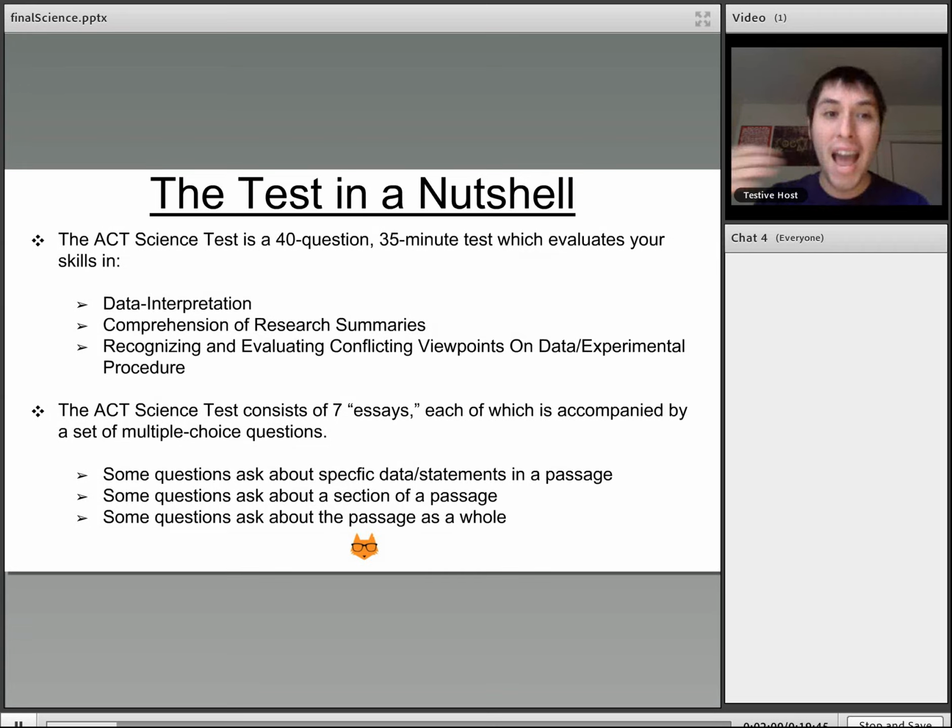So you'll have to read passages that the questions are going to be associated with, and you have to digest them, answer the questions, and finish a section in only 35 minutes. So it is a very rushed section.